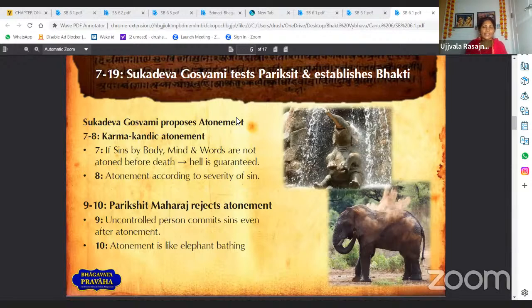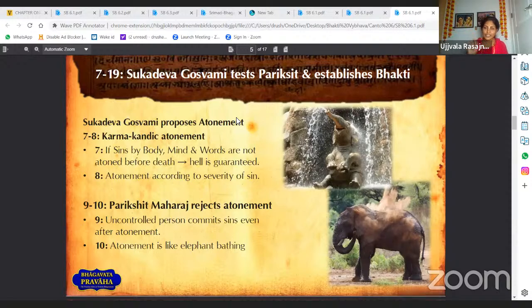Srila Prabhupada explains in the purport that Sukadeva Goswami chooses a different route to explain this answer. He tests the understanding of Parikshit Maharaj, and he slowly gives different kinds of answers to see what Parikshit Maharaj has to say.